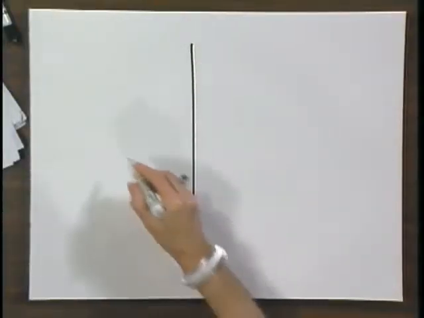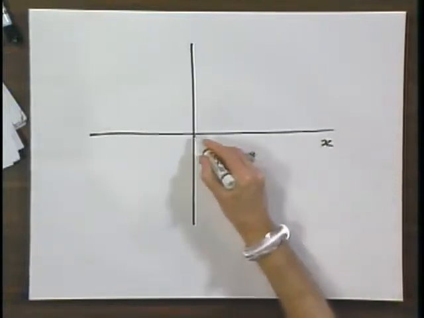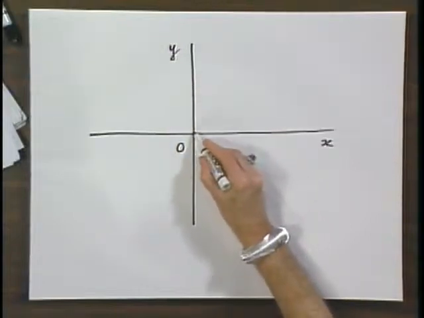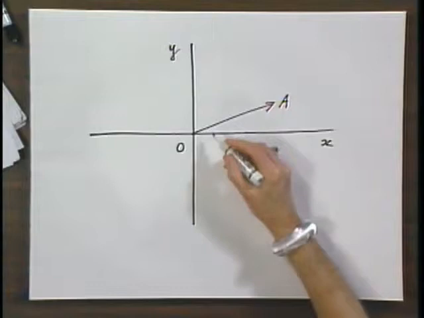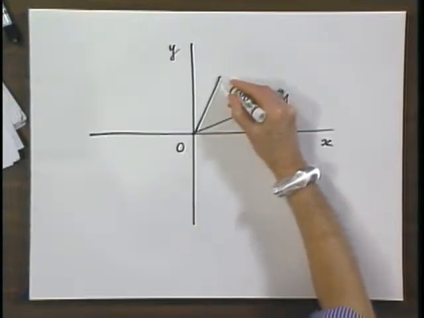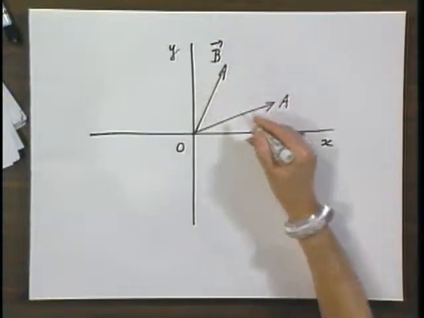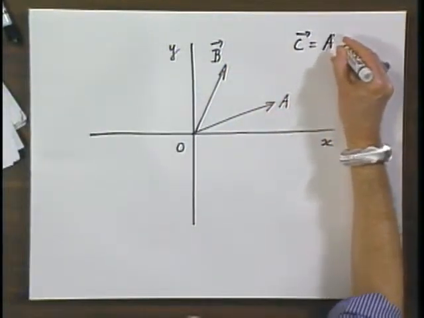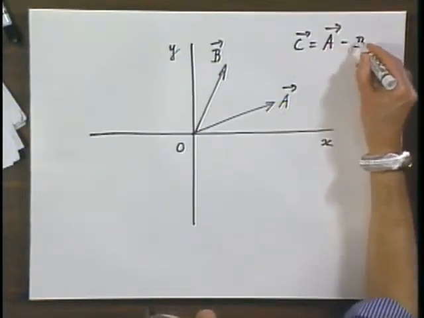So we have now here the y-axis, and we have the plus x-axis, the origin, plus y-axis. Let this vector be a, and let this vector be b. And we want to know what the vector c is, which is a minus b.